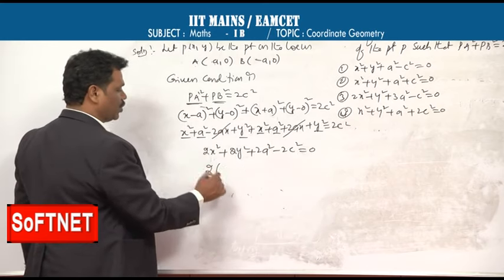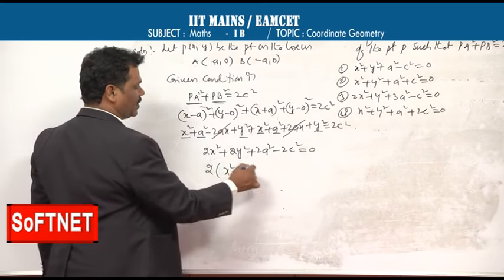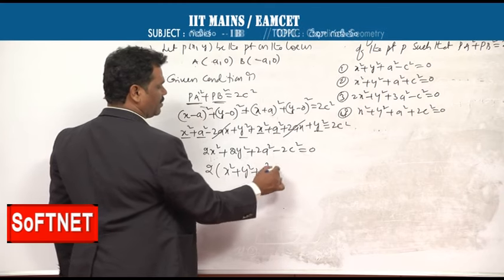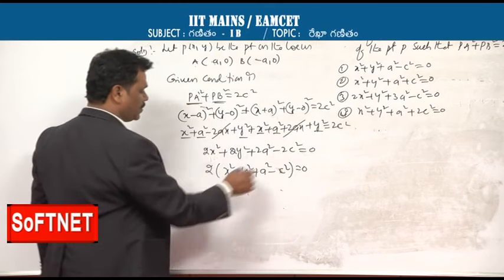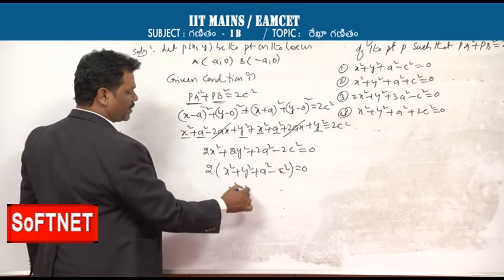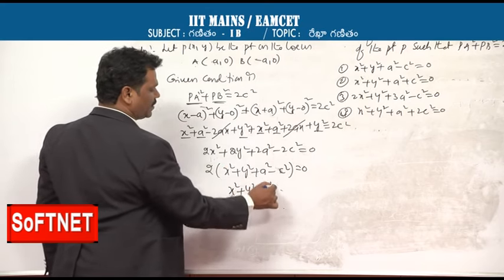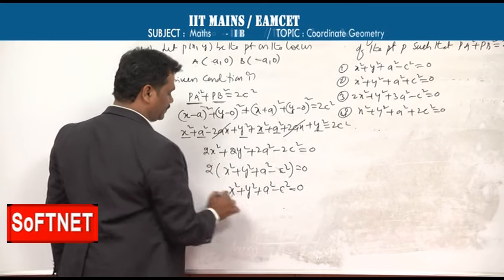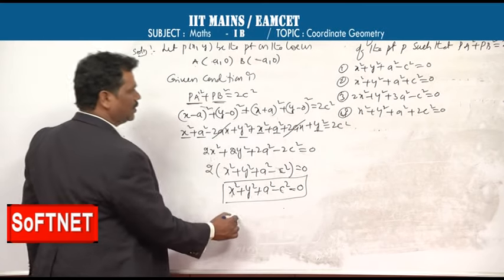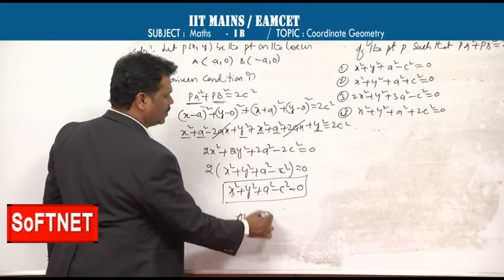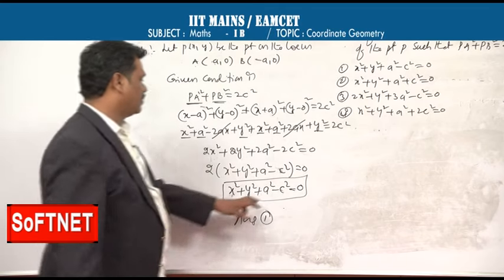Taking 2 common, x square plus y square plus a square minus c square equal to 0. So the option is 1: x square plus y square plus a square minus c square equal to 0.